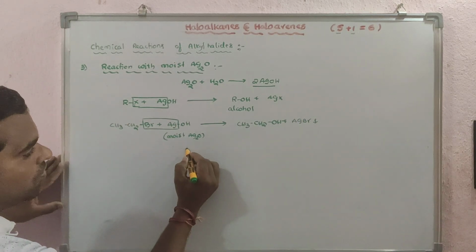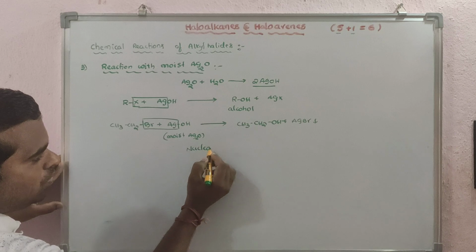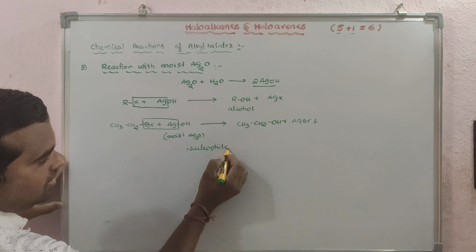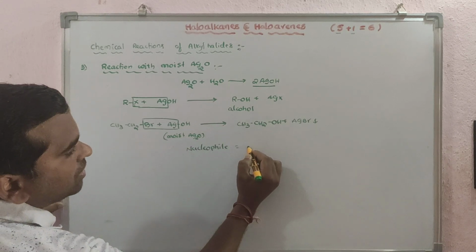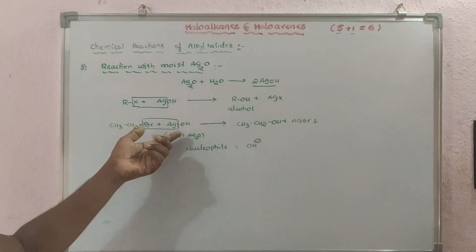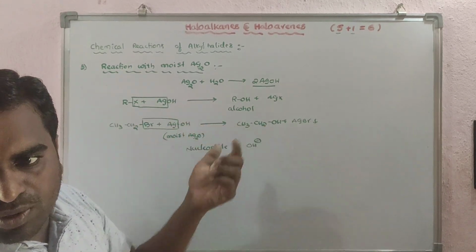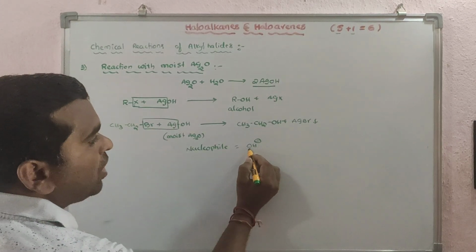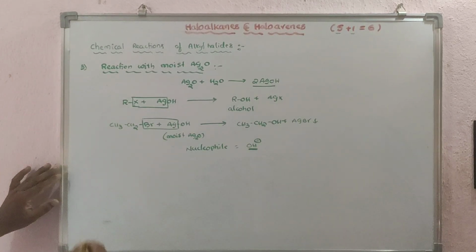Clear? What is the nucleophile in this reaction? Here Ag plus and OH minus, so the nucleophile is OH minus. Clear? Next one.